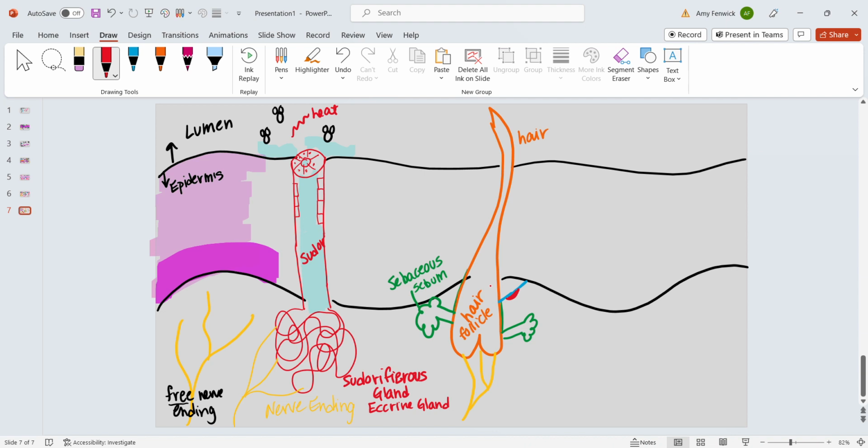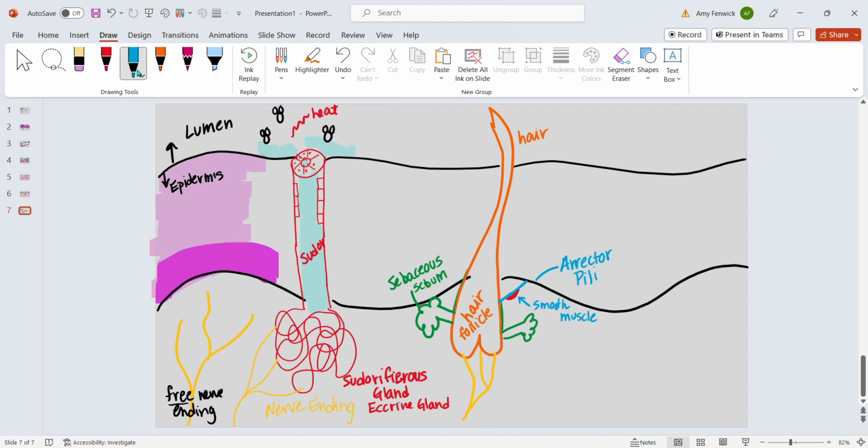And what this structure here is called is an erector pili, which means hair that is able to stand up. Basically, this is the smooth muscle of the erector pili. And I just want to point out that all of your erector pili stand up all at the same time. So all of these are controlled by nerves that are everywhere.